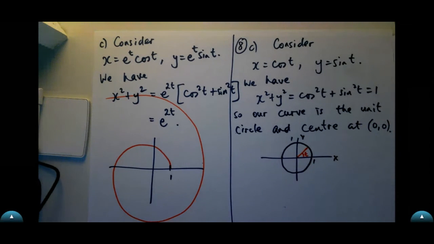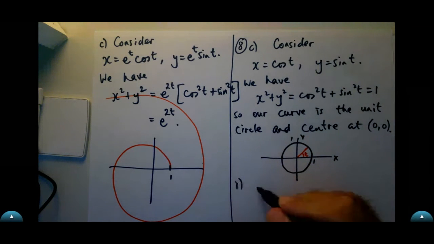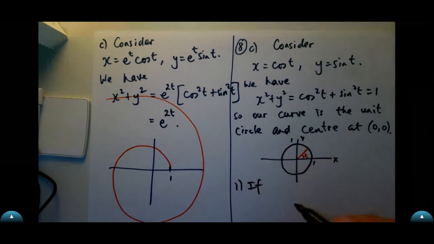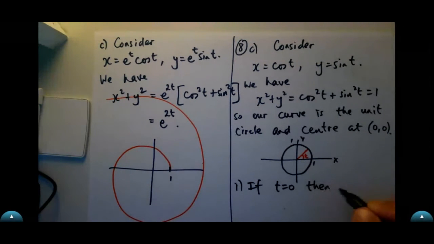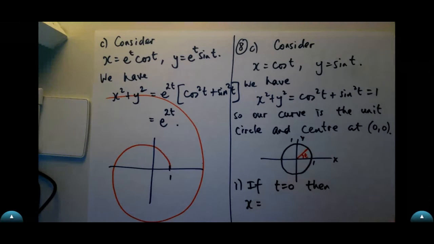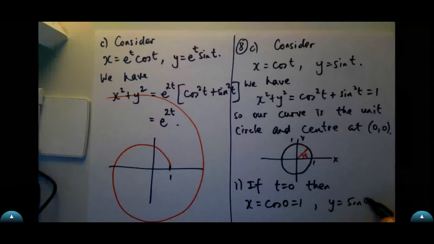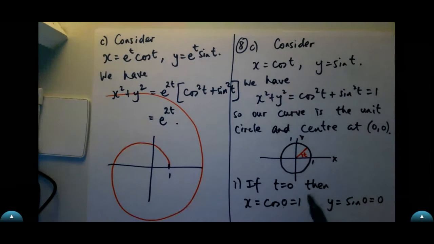Okay, all right. So find the points on the curve corresponding to these values. So if, say, t equals 0, then x equals cosine of 0, which is 1, and y equals sine of 0, which is 0.